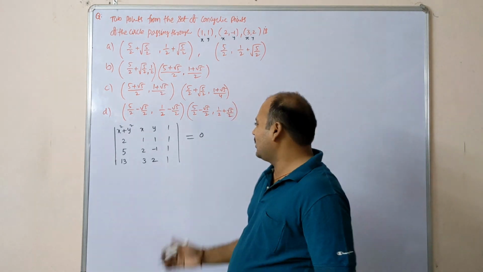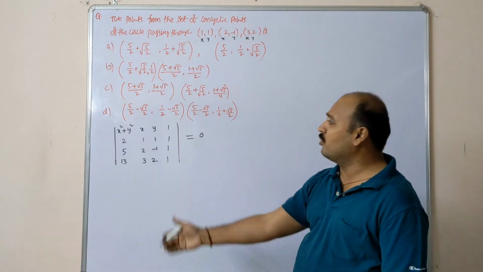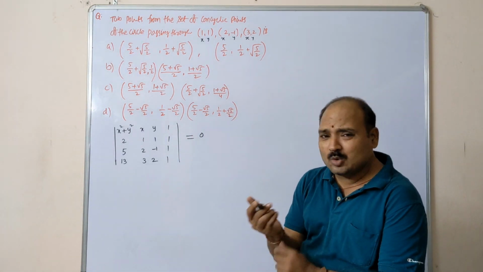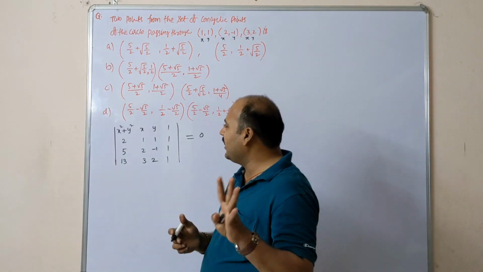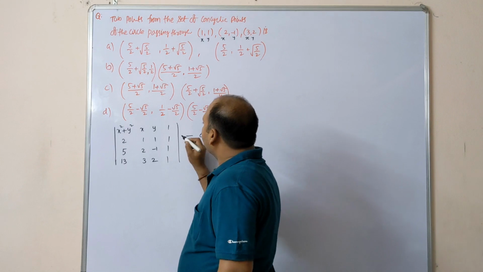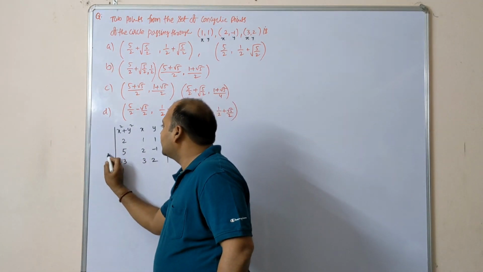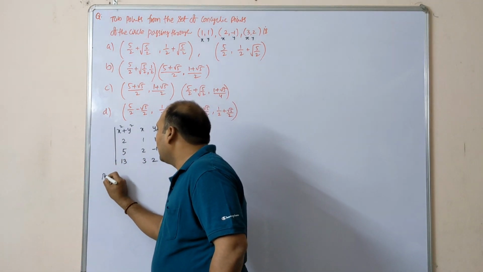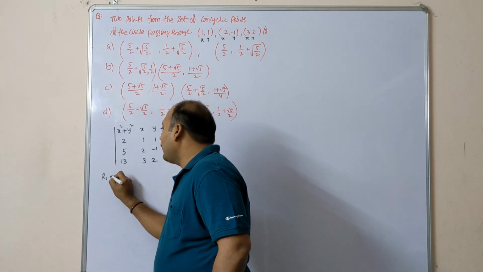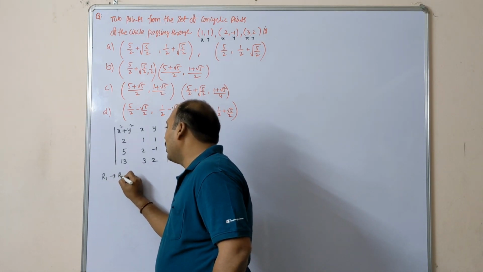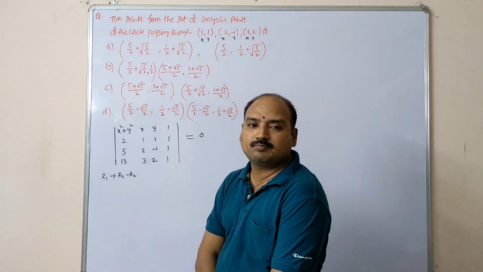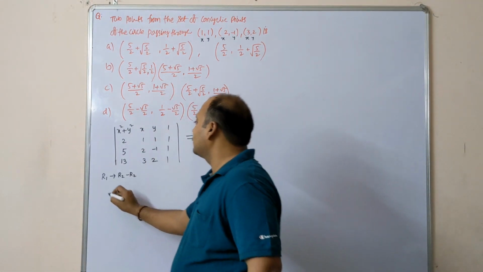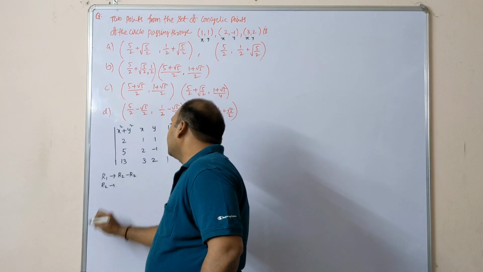So after that, how to proceed? Here a 4 by 4 determinant is there. How to expand this? It's a very easy way. This is R2, this is R3, this is R1. R1 tends to R1 minus R2.